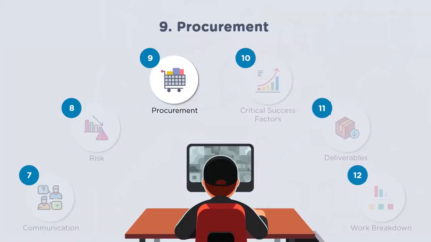Further, procurement. Whenever a project is initiated, whenever a project is taken up, the organization doing the project cannot create everything, cannot develop everything in that project life cycle. So the organization would make a decision stating that some of the deliverables we make ourselves, some of the products we make ourselves, some of the products we purchase, some of the services we purchase.